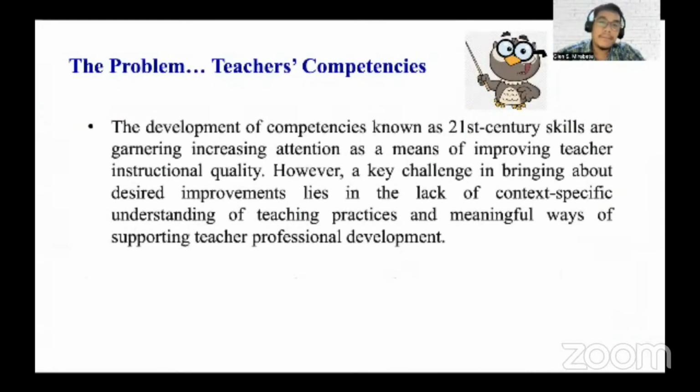And the development of competencies known as the 21st century skills is garnering increasing attention as a means of improving teacher instructional quality. However, a key challenge in bringing about desired improvements is the lack of context-specific understanding of teaching practices and meaningful ways of supporting teacher professional development.